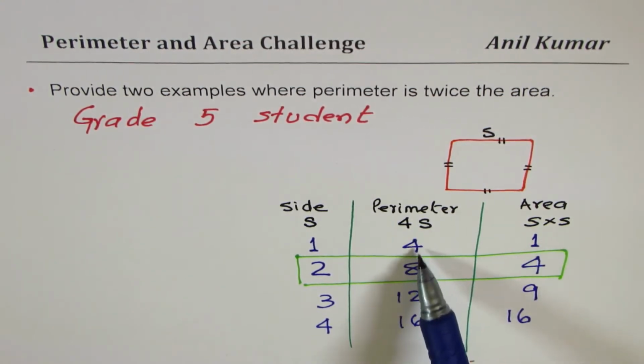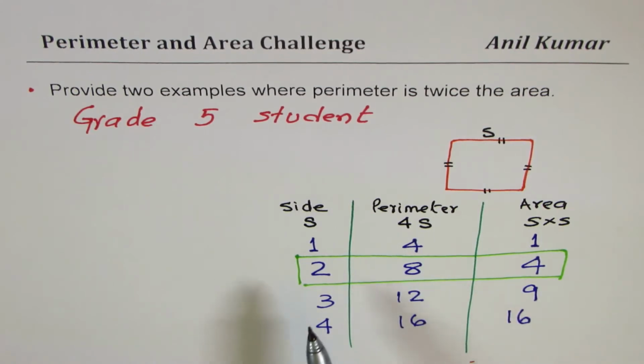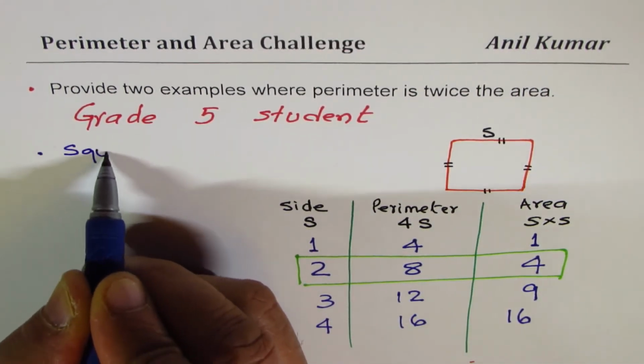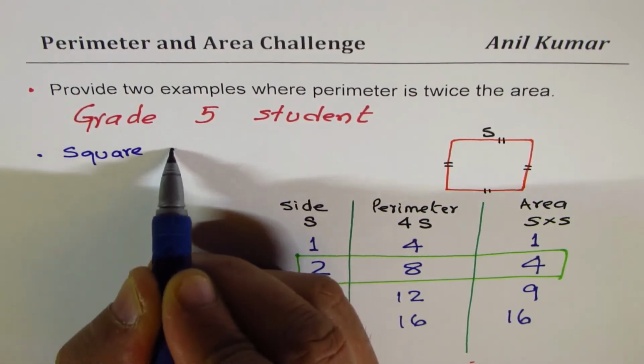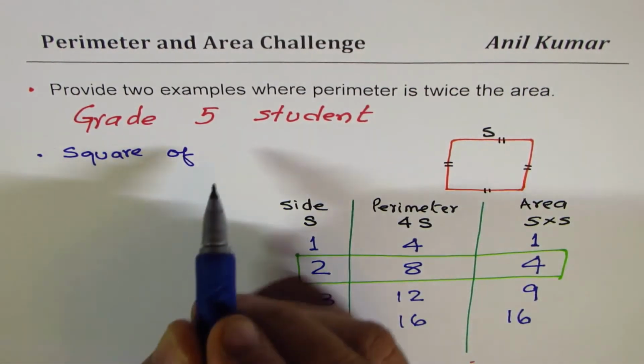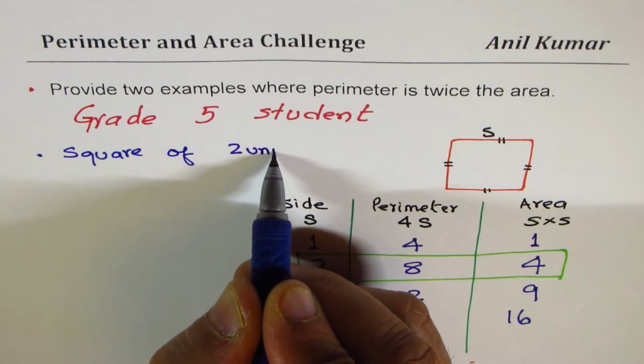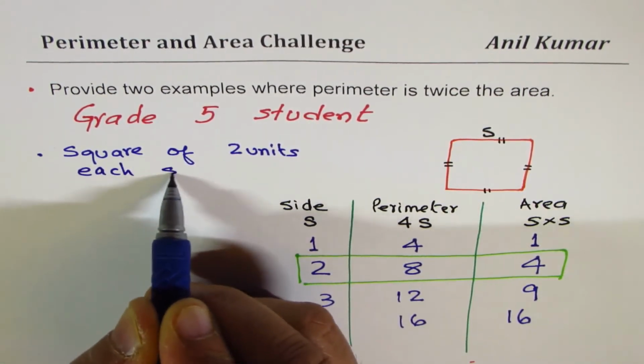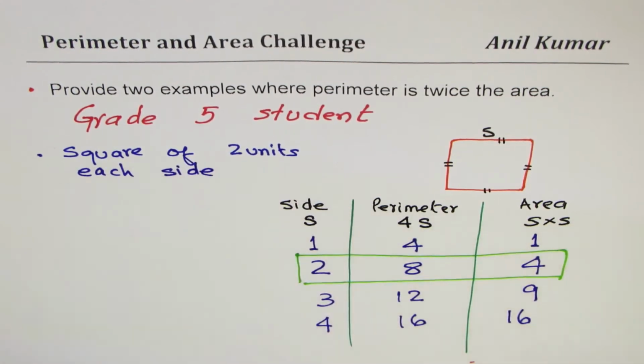For 2, it is twice as high. So one of the examples here is, we could have a square of 2 units each side. So that could be one example.